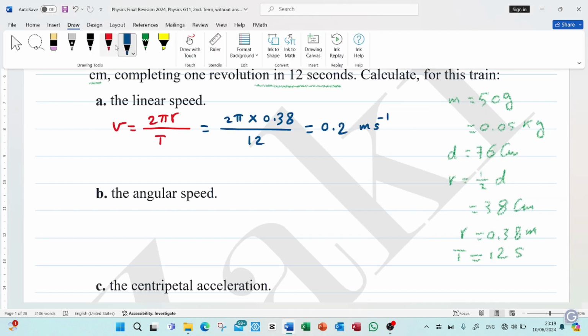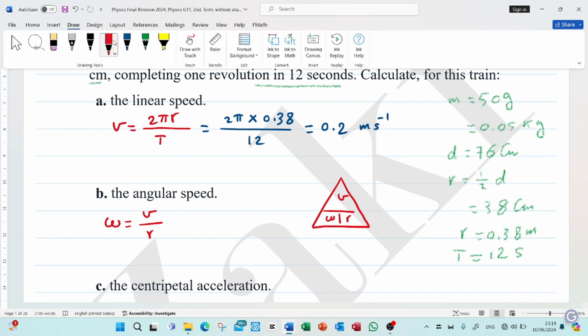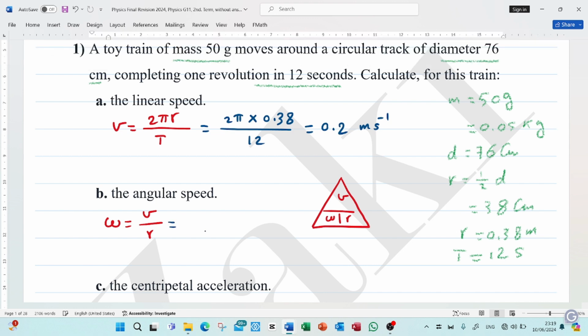We write this formula here: V equals omega multiply R. We need omega. Omega equals V over R, where V is the linear speed and R is the radius. The linear speed is 0.2, the radius is 0.38. The answer is 0.5. The unit of angular speed is radian per second.